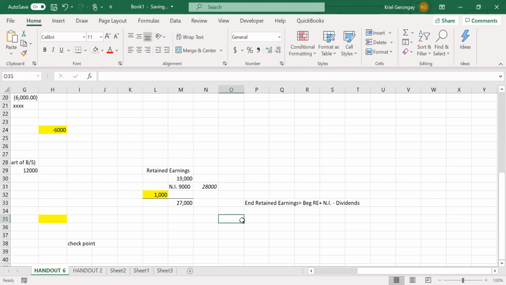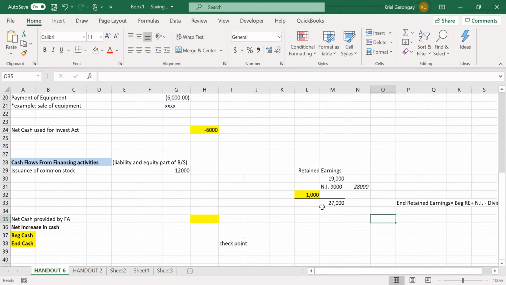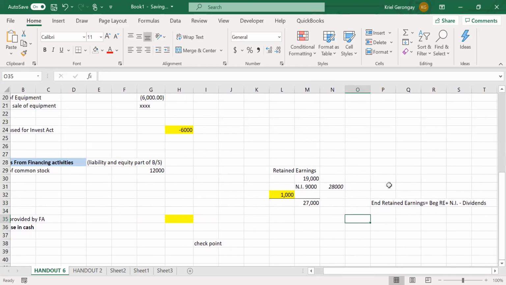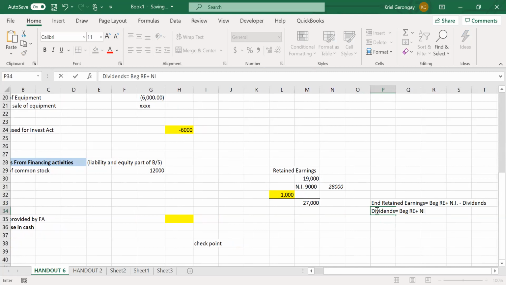This is why we did this T account. So basically, dividends equal beginning retained earnings plus net income minus ending retained earnings. Does that make sense? Yes. Okay.